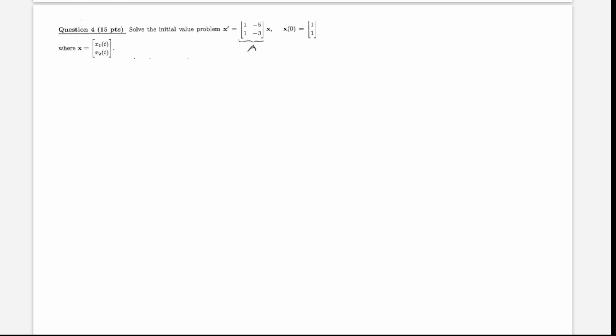As before, we want to find the determinant of A minus lambda I equal to 0.